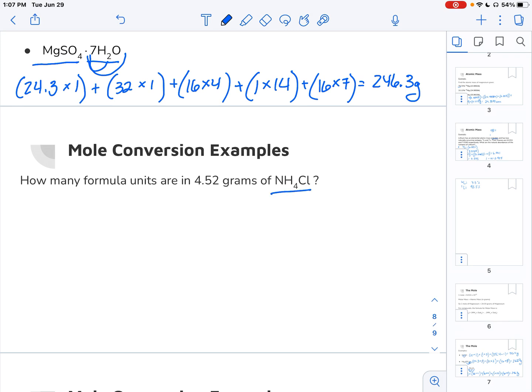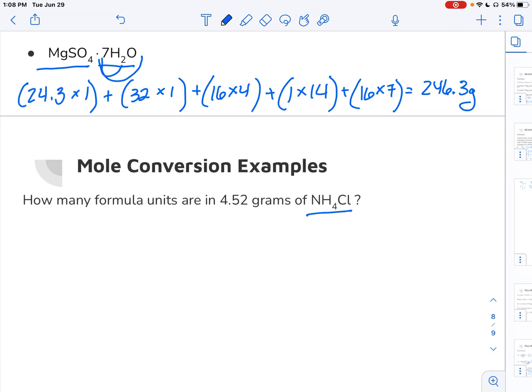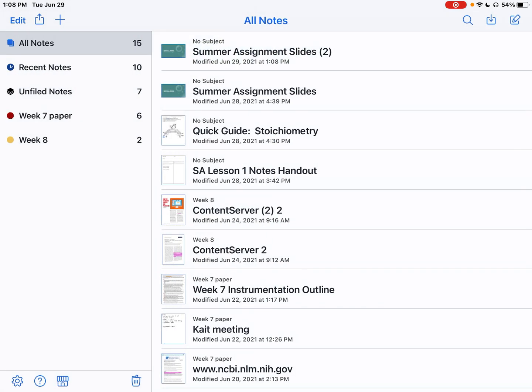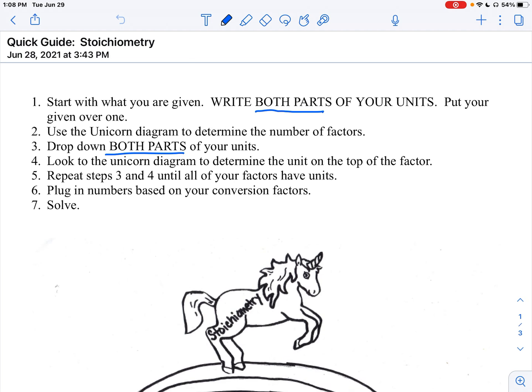So for those of you who had me for chemistry, I'm going to teach it the same way right now with the unicorn chart and everything. For those of you who did not, please do this however you feel comfortable doing them. But if you would like to use the unicorn chart, I did put it on Classroom attached to this assignment. So you will see that there's something called a quick guide for stoichiometry.